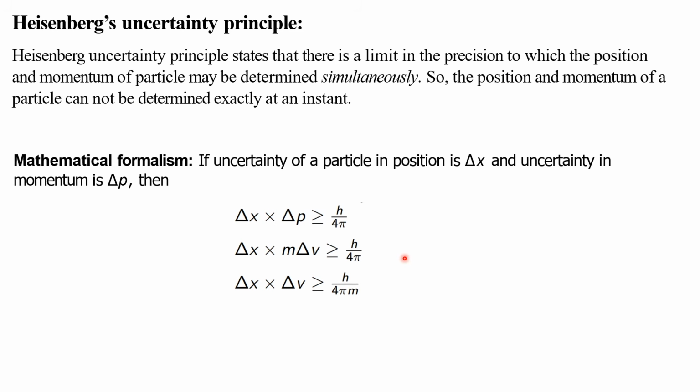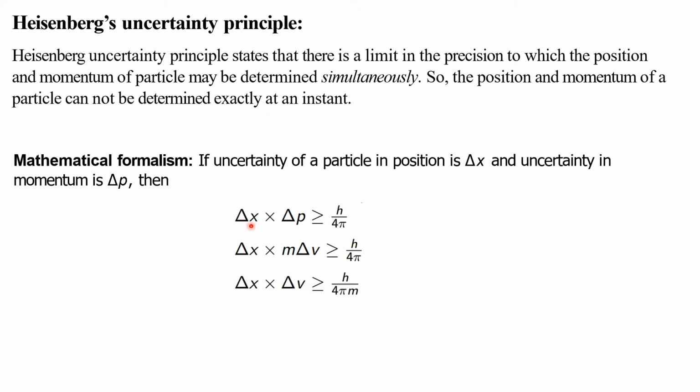Now we talk about Heisenberg's uncertainty principle. Heisenberg's uncertainty principle states that there is a limit to the precision with which the position and momentum of a particle may be determined simultaneously. So the position and momentum of a particle cannot be determined exactly at an instant. This is the mathematical formalism of Heisenberg's uncertainty principle.